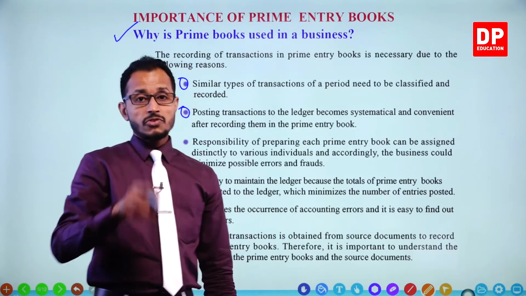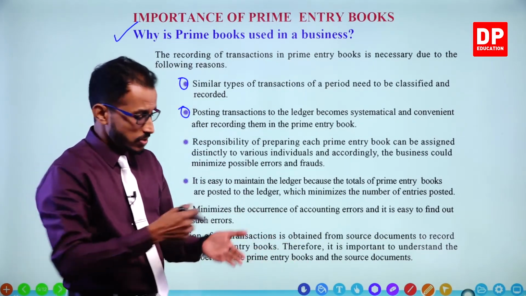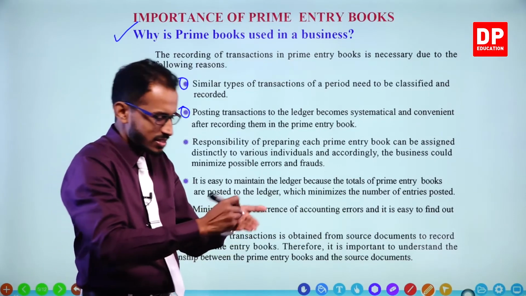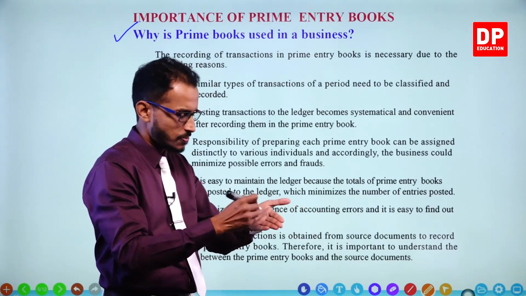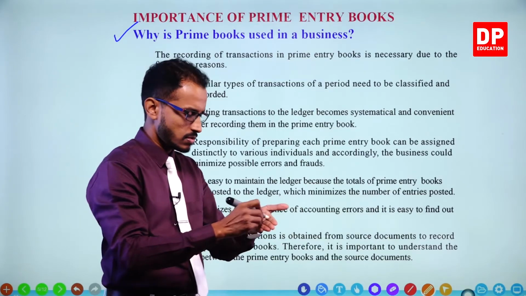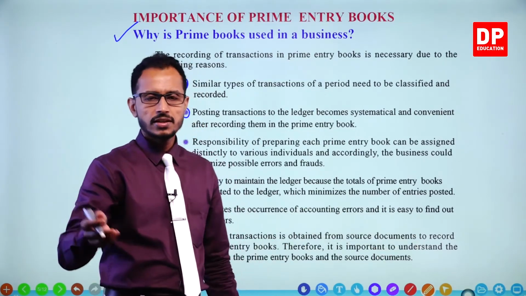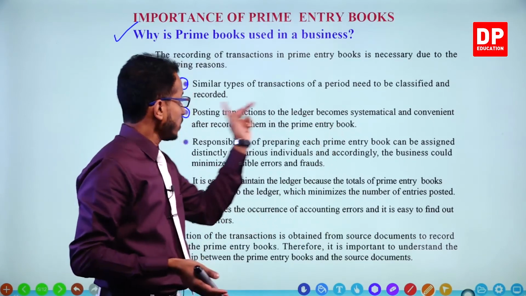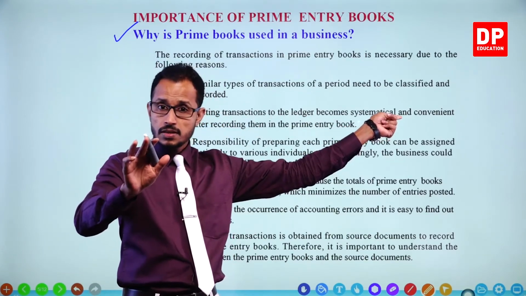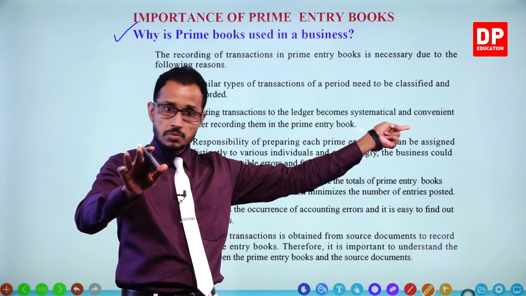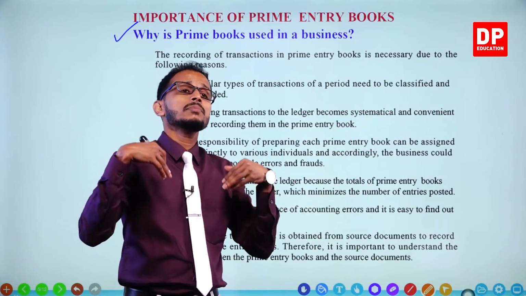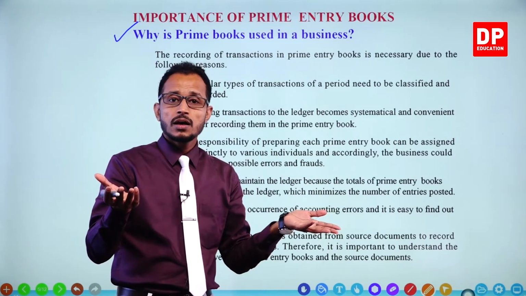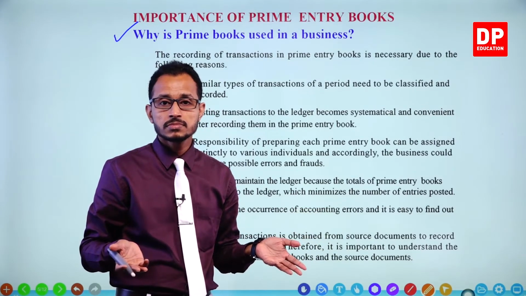So first of all, when the transactions are occurring, you record the transactions in the prime books, like a very, very quick note. You just write the amount and you put the book away and you attend to the customers. In that way, children, the usage of prime entry books is making the business very systematic.